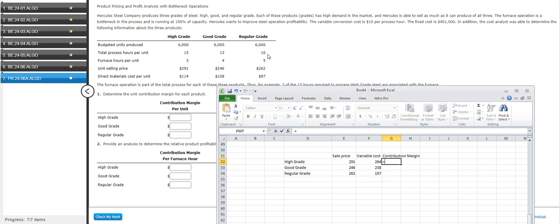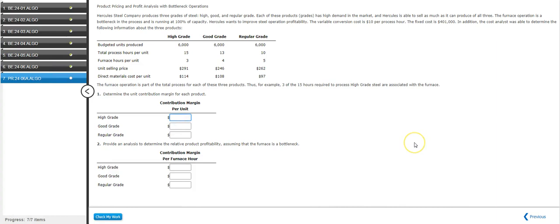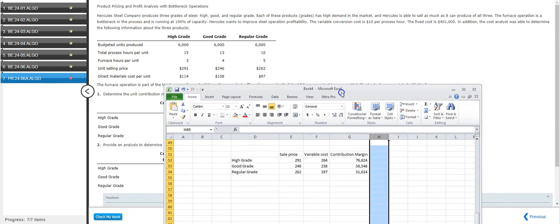Alright, now we can calculate our contribution margin, which is the sales price minus the variable cost. So we should have the answer for the first part. Let me check it. No, what did I do wrong? I'm going to keep my errors in there.